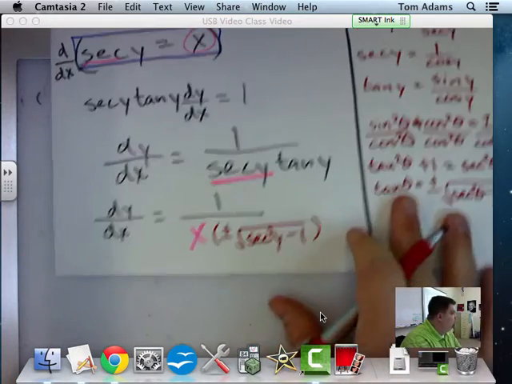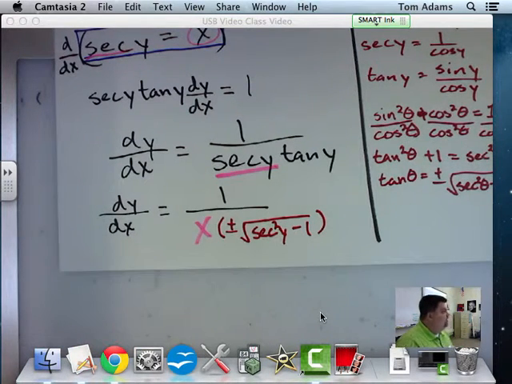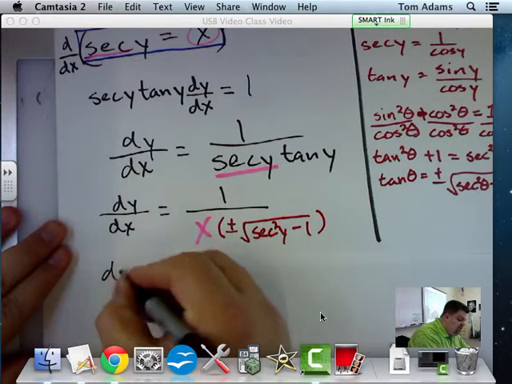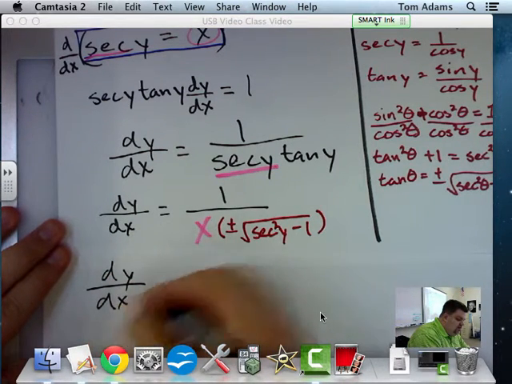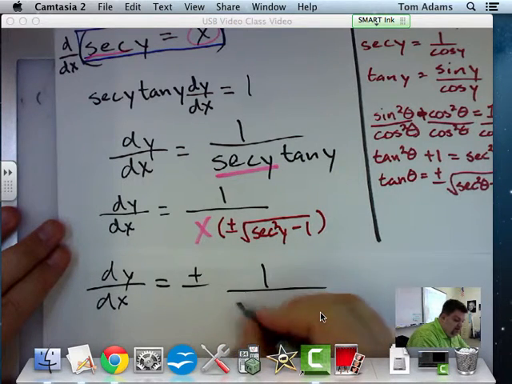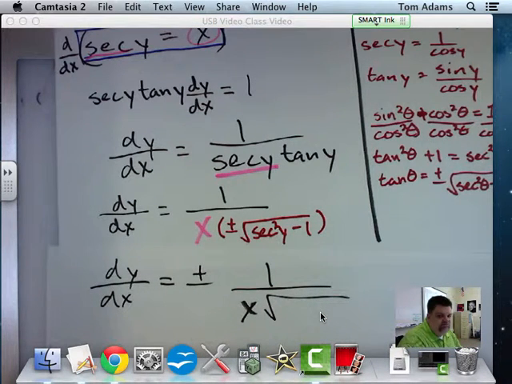Right? I'm going kind of slow because I don't want to skip too many steps and have you guys confused. Is everybody good to this point? Now, what I'll do in the next line is I'm going to toss this plus or minus to the front, and I'm going to have x. Now, I want to get rid of all the y's.